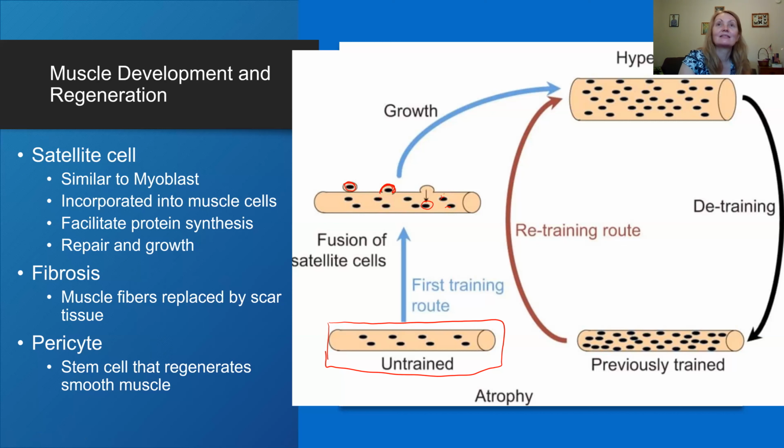And smooth muscles are the best at healing. So they heal better because we can generate new smooth muscles. Those pericytes can divide. Cardiac cells and skeletal muscle cells rely mostly on fibrosis when it comes to repairing damaged cells.